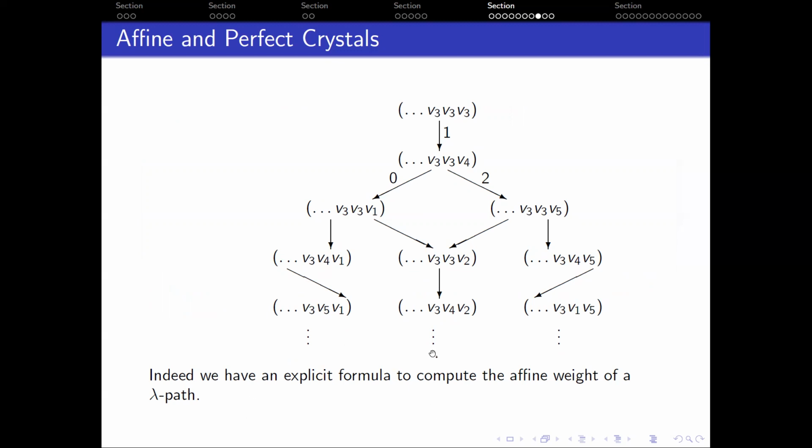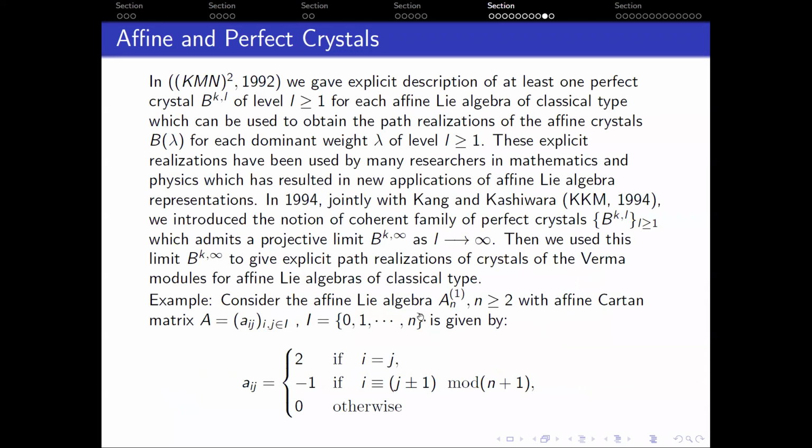As I said, we have an explicit formula to compute the weight of any path. After this was done, we of course wondered what next. Kashiwara was visiting me, and Kang was also here, and we started working on giving a path realization for the Verma module.